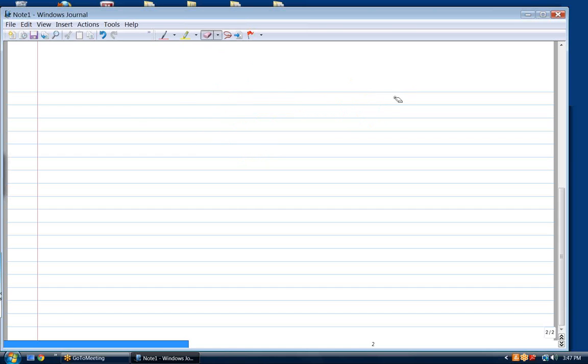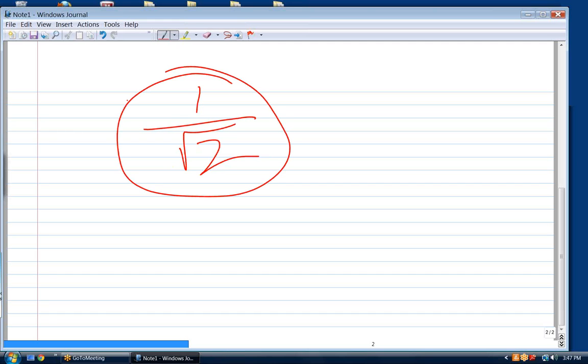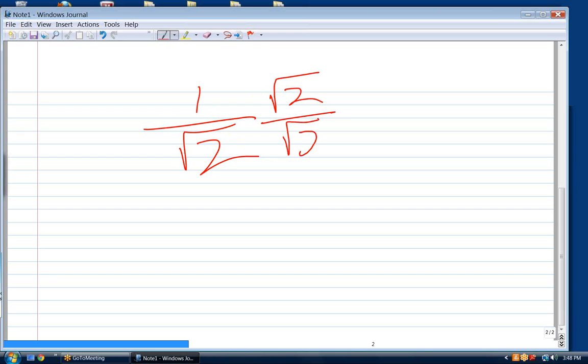One thing that math dictates is that we never have an irrational number in the denominator. So this is never a satisfactory answer to give. The way we handle this is with a process called rationalizing the denominator. We're allowed to multiply any fraction by 1 without changing its value. So I'm going to multiply this by root 2 over root 2, turning it into root 2 over 2.